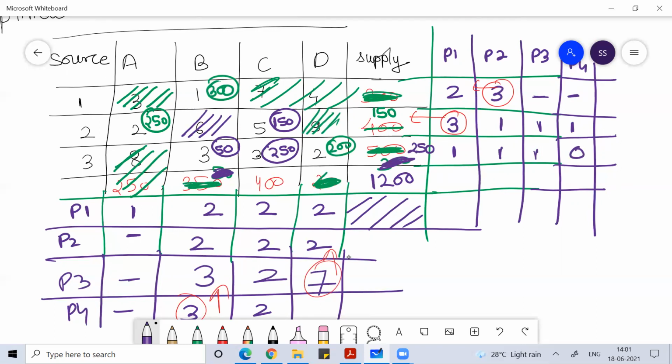Done, everyone. So this is the final solution. Okay, this is your final solution by the transportation problem. Any doubt, anyone?